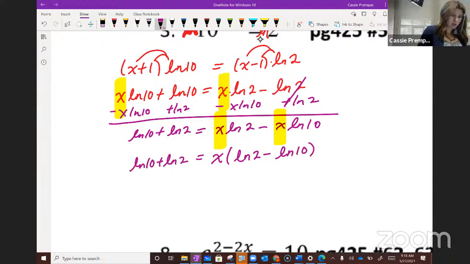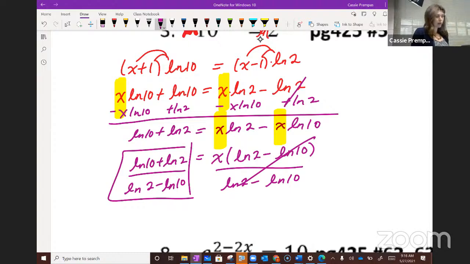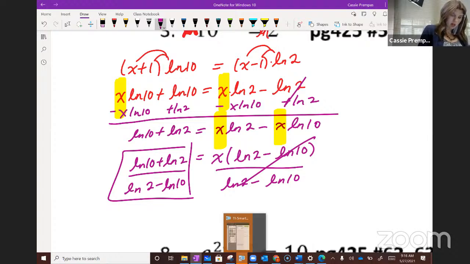And then what's the last step that I'll do? Divide everything by what's been multiplied by x. And this would be my answer for x in log form, or I could technically use properties to make it different. But let's make sure we know how to do this in decimal form as well.